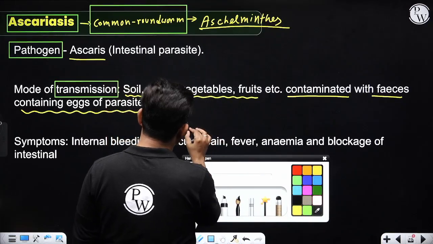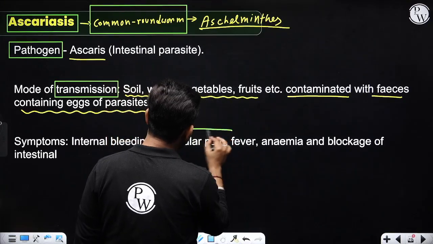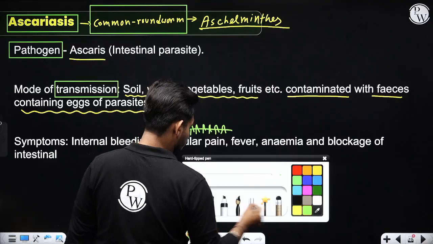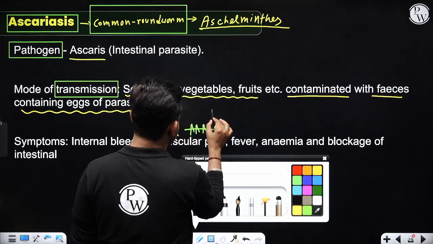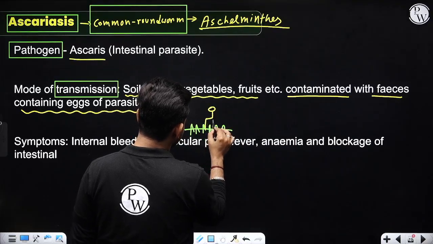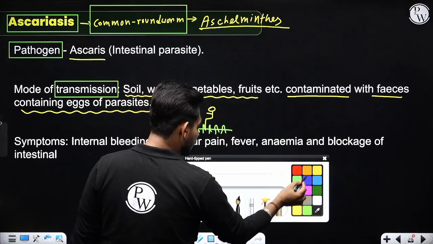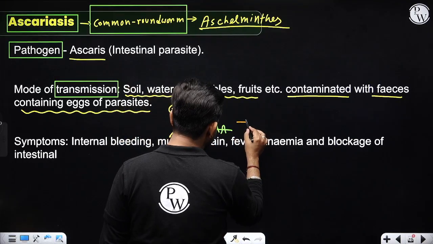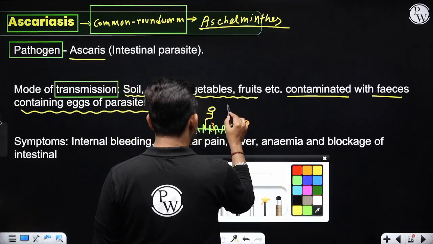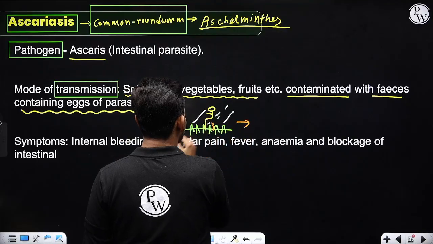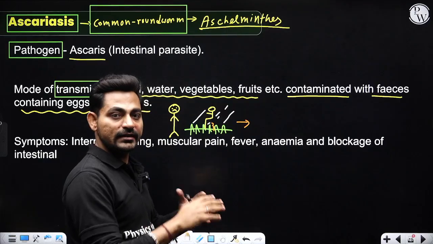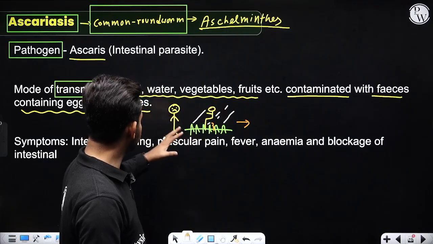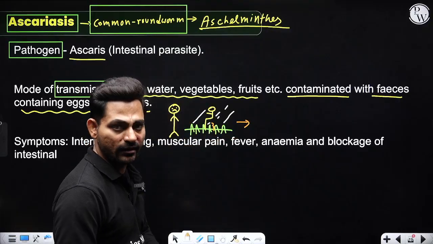Now he went to a grassland for defecation. Now after that suddenly rain came, and that stool particle or fecal matter will get mixed with the surrounding grass or vegetables or soil or water.